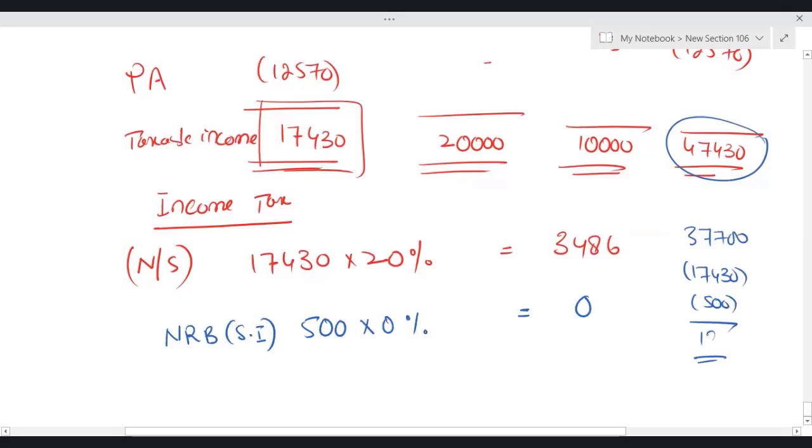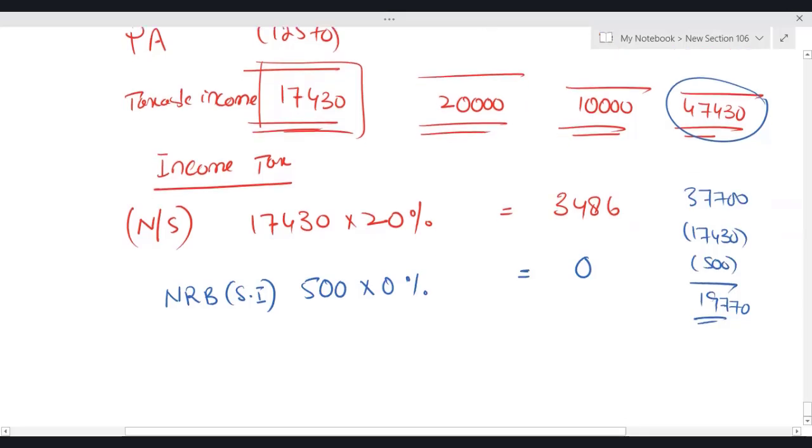We have a space of 19,770. Can I say in the basic rate band we still have the space of 19,770.